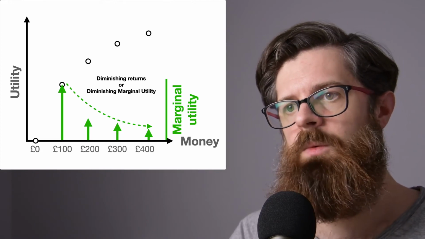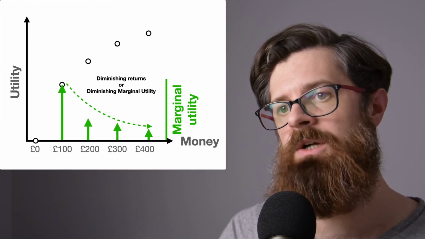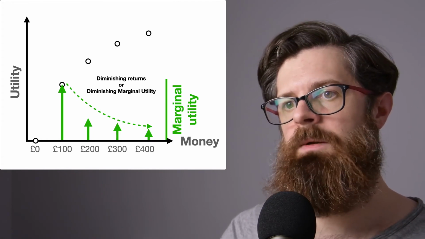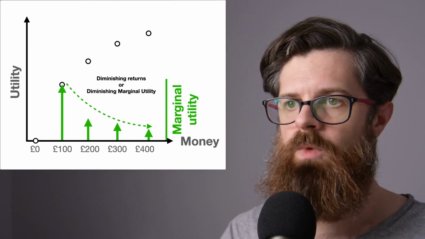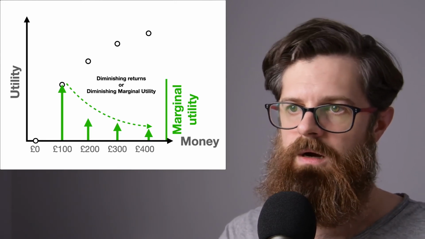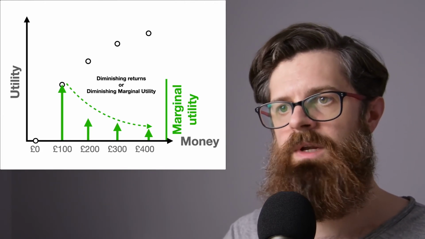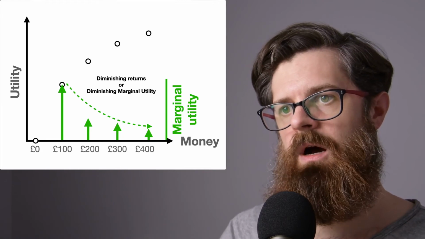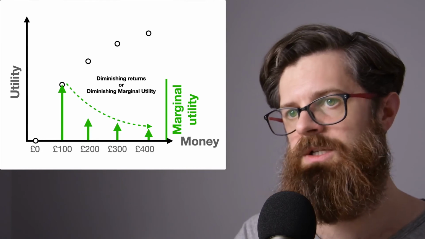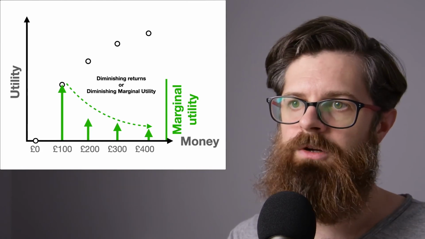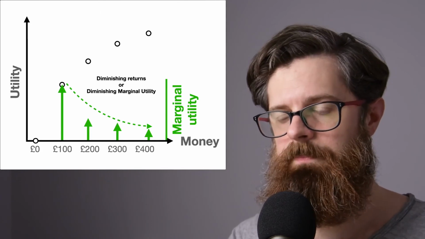If we look at how much marginal utility we get, how much utility on top of where we were before, we can see that as we get richer, giving a richer person £100 will give them less additional or marginal utility than if they were very poor to begin with.